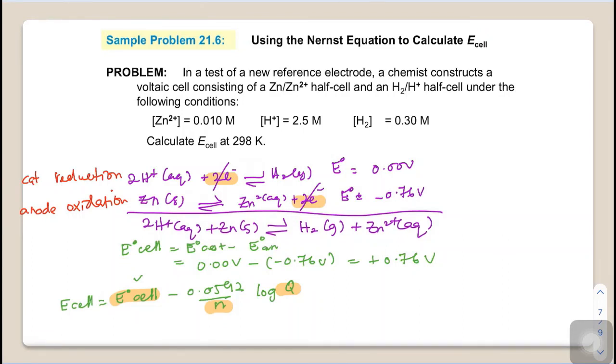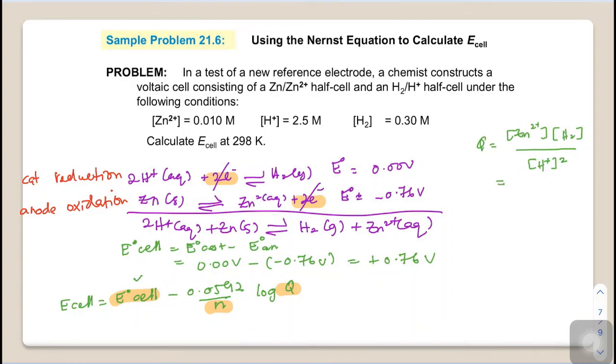The next step is to calculate Q. From the balanced equation, Q is equal to the concentration of zinc 2 plus times the concentration of H2, over the concentration of H plus to the power of 2.